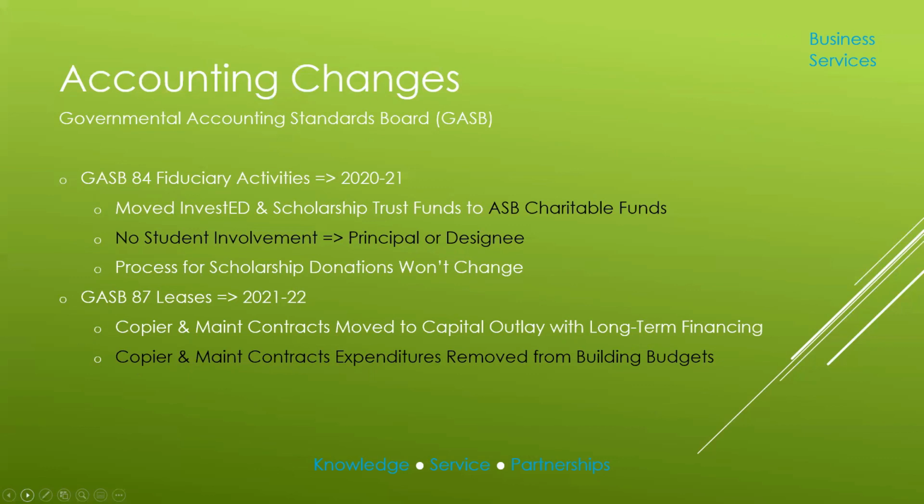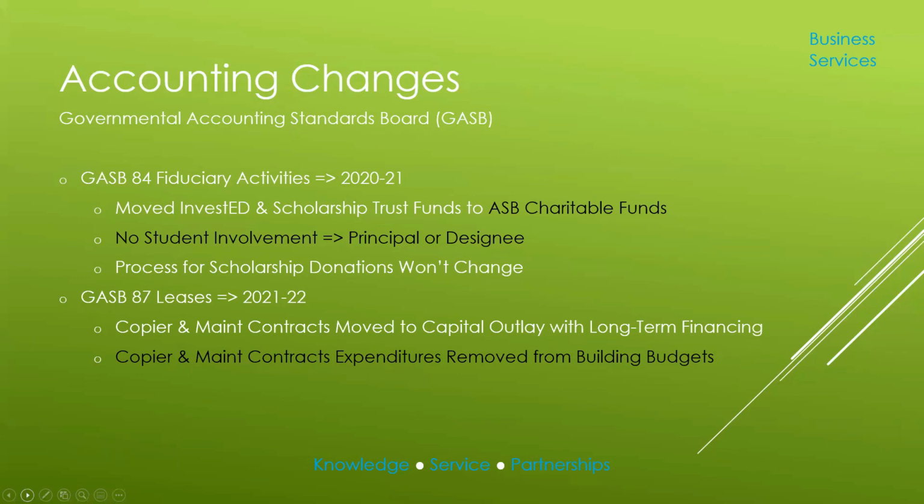So it's moving out of Fund 70 and into Fund 40. When these move over to ASB, we are not going to have any student involvement with the scholarship dollars, and instead we're going to have a principal or principal's designee responsible for the budget and the expenditures. It will not change the process for scholarship donations, so that's good.